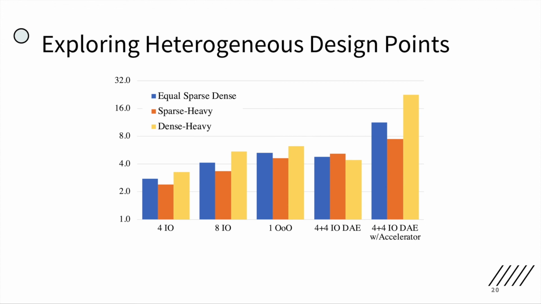This is a graph of performance normalized to that of a single in-order core, showing data for different weightings of Sinkhorn's phases, including equal parts sparse and dense, a sparse heavy weighting, and a dense heavy weighting. We find that the heterogeneous system with in-order decoupled access execute cores and an accelerator core performed better than all the other system design points that were less heterogeneous.